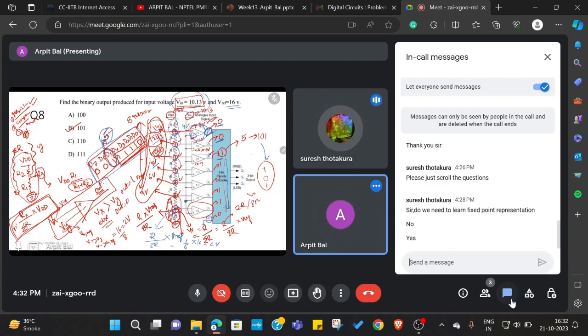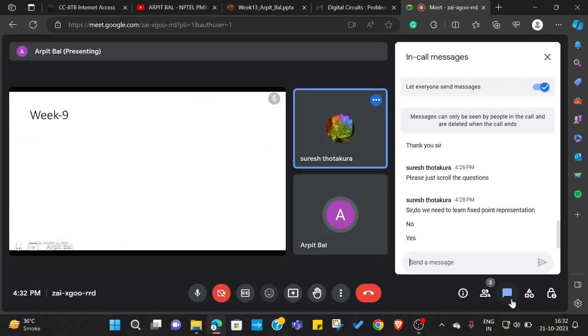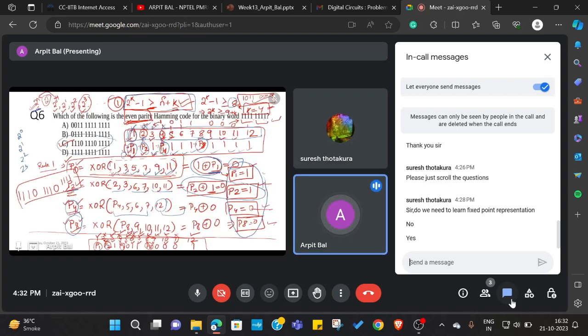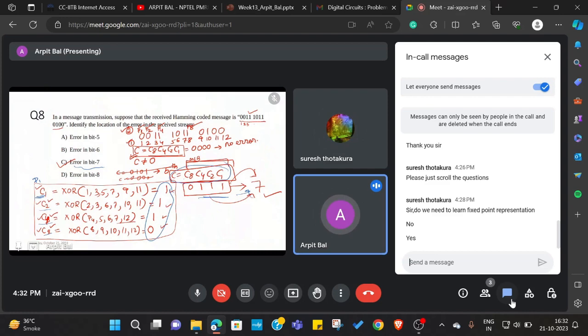Yeah, correct. So week 9, the Hamming code part, that was part of the problem. Week 9 we did 2 examples. One was related to figuring out the parity bits, and another question was related to figuring out the error location in the stream.